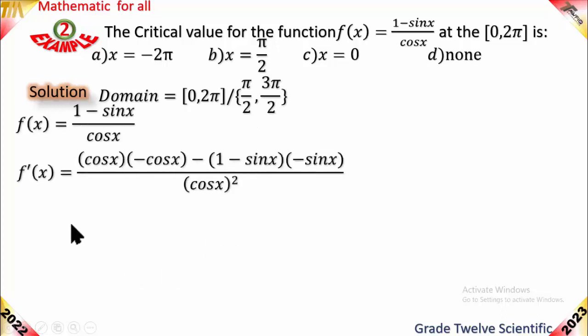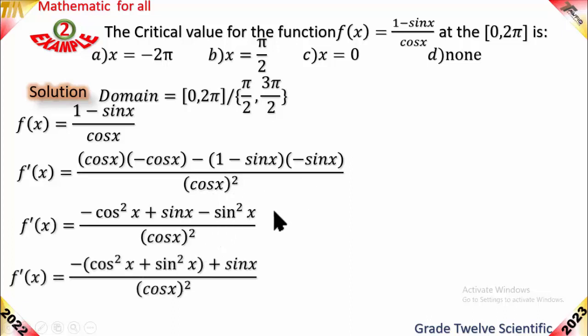The first derivative is the denominator, cosine x, times the derivative of numerator, minus cosine x, minus, and now the numerator 1 minus sine x times the derivative of denominator, which is minus sine x, over denominator squared.